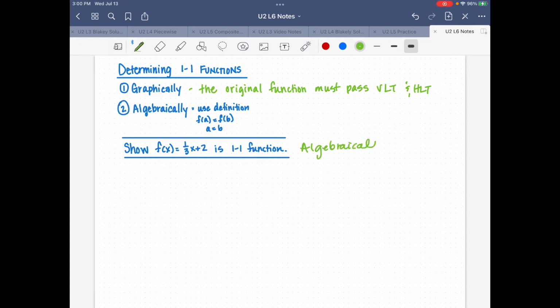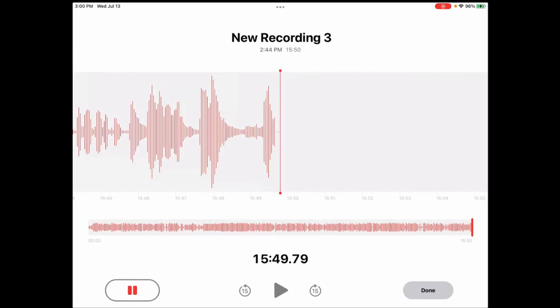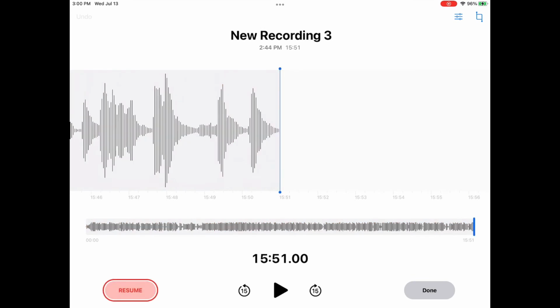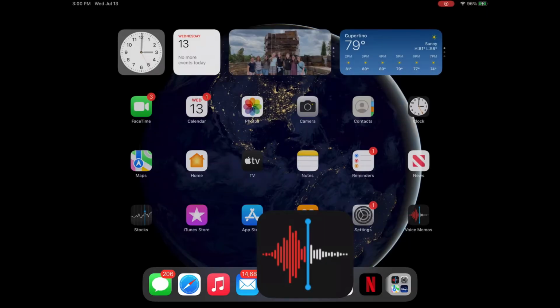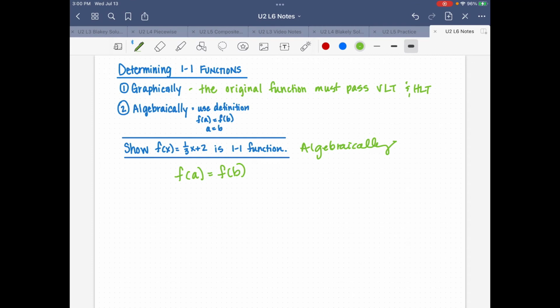Okay? So what we're going to do is use our definition. F of a equals f of b. I apologize for my dog, sorry. Okay, so if you remember, what's inside of here is what we substitute for our variable.